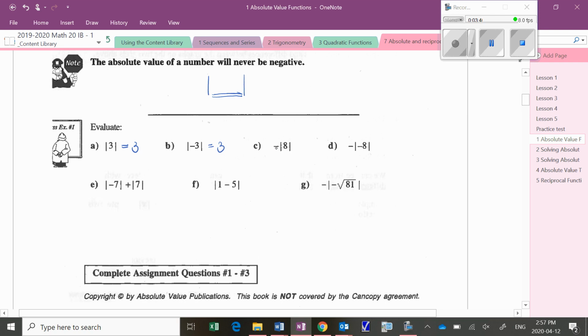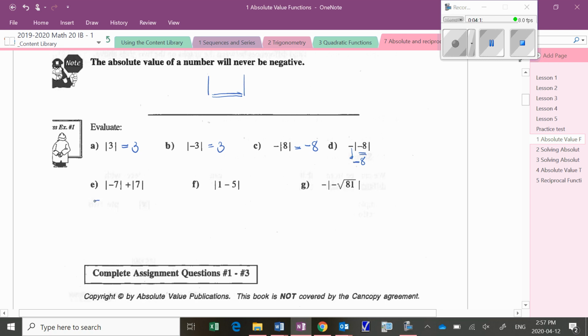So then this is negative 1 times the positive 8 units, which is then negative 8. In this case then, the absolute value of negative 8 is 8, but then it's the negative of that. So the answer here is also negative 8. We cannot, as we would with brackets, say, hey, it's negative 1 times negative 8. That does not work like that. You have to apply the absolute value bars first.